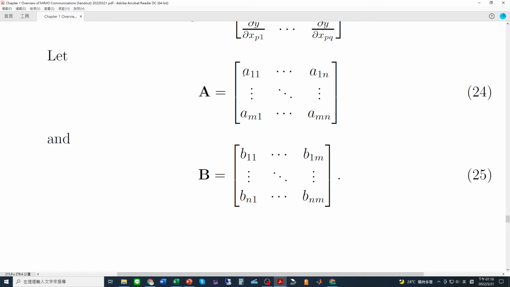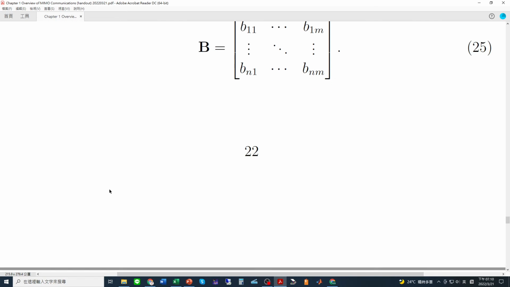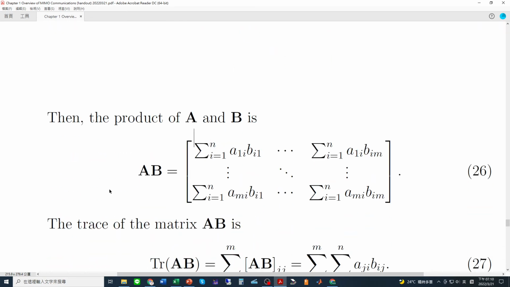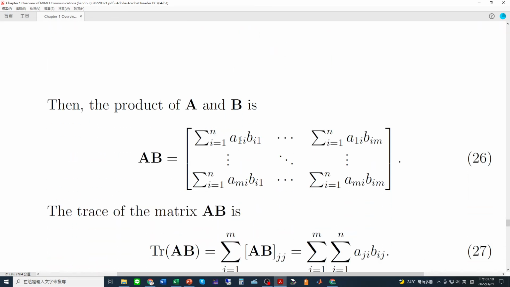So it is equal to A11 times B11 plus etc. plus A1n times Bn1. So it is equal to A1i times Bi1, with i equal to 1 to n, and make the summation.